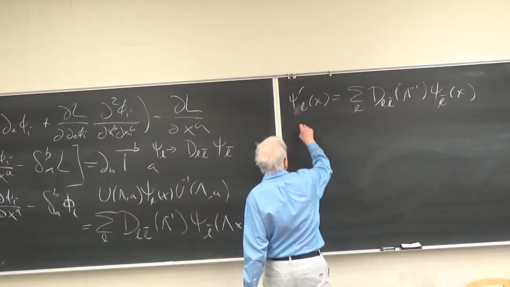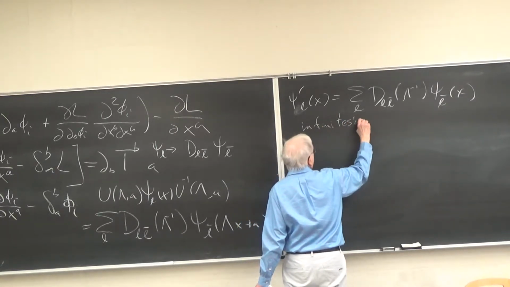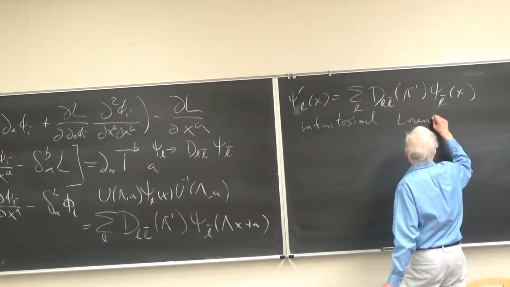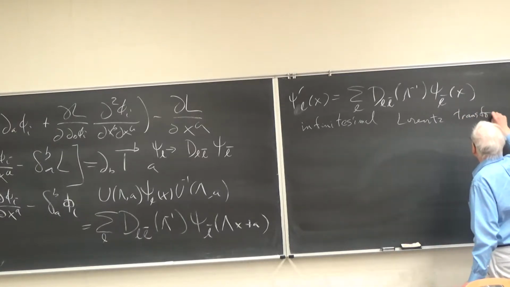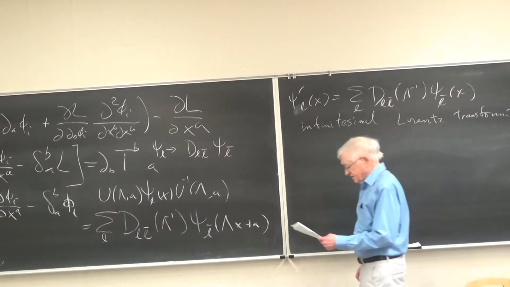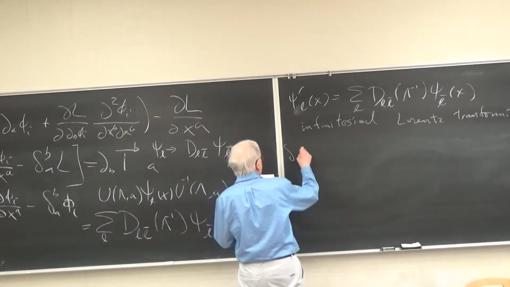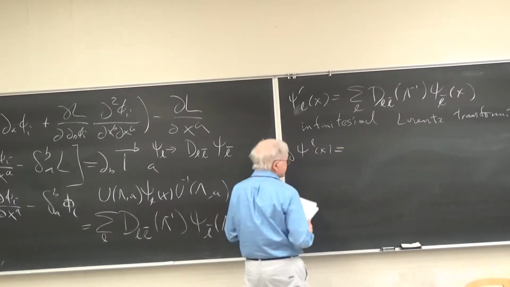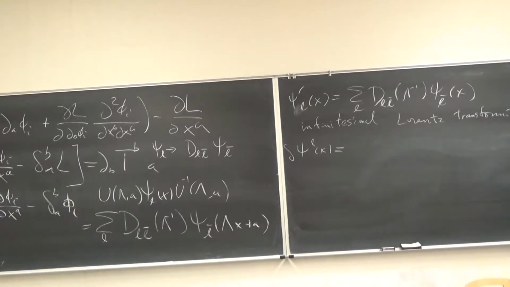And now if we go to the infinitesimal Lorentz transformation, we've got the change in psi_L of x. Again, we're ignoring the argument, the x part.